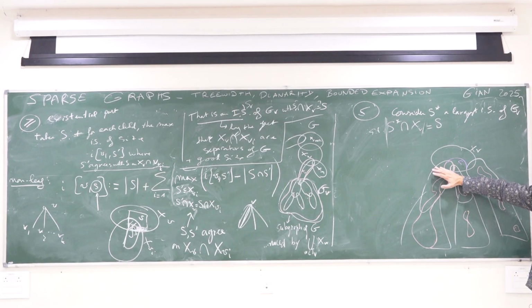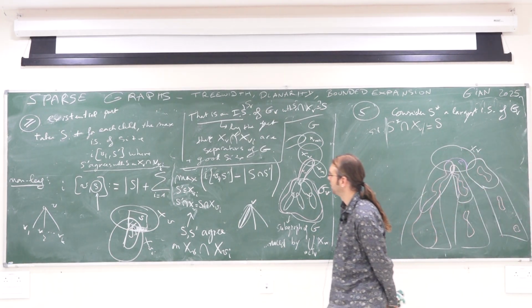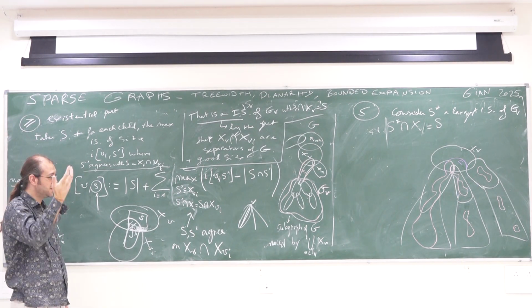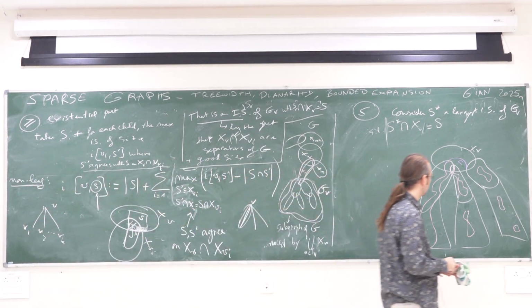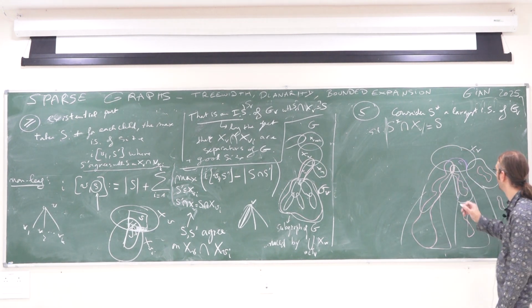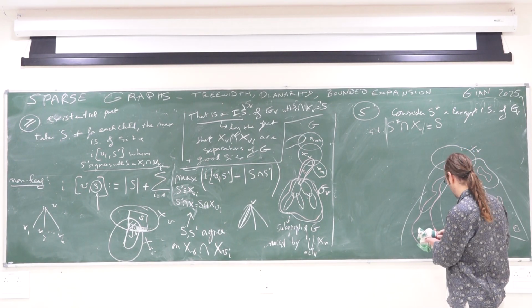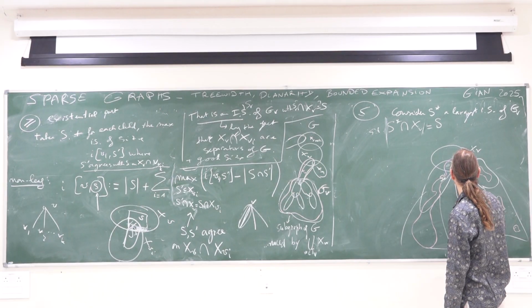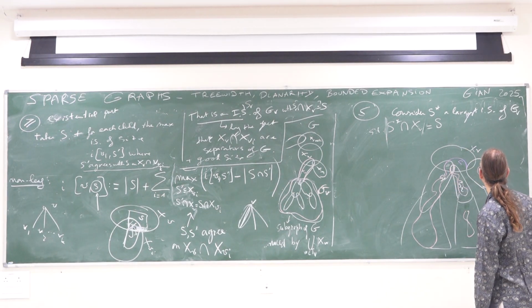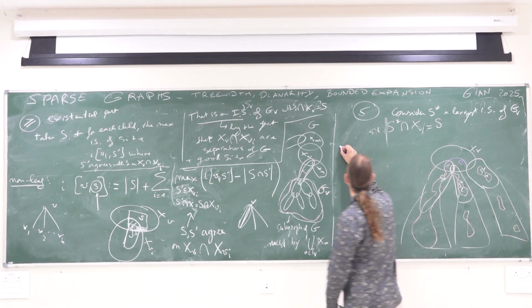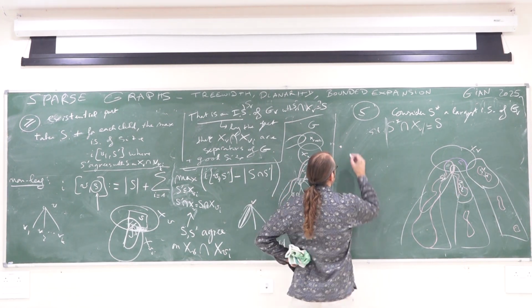And by definition of the formula, this part cannot be more than this thing, for a particular S prime. So what you get is this is X prime 1.